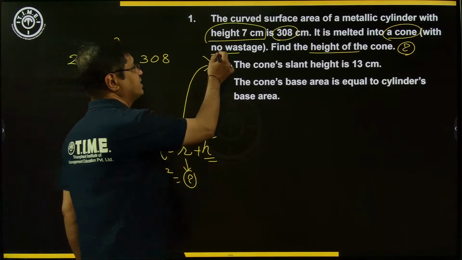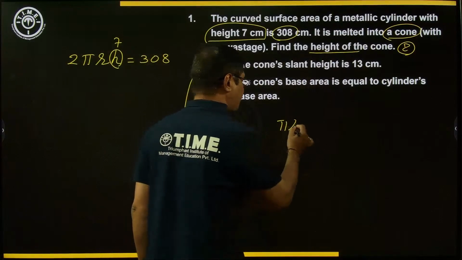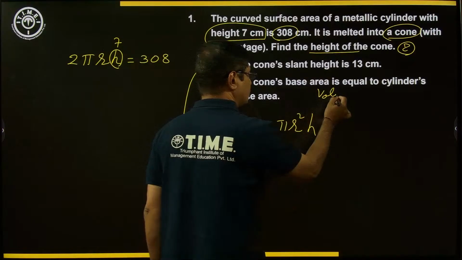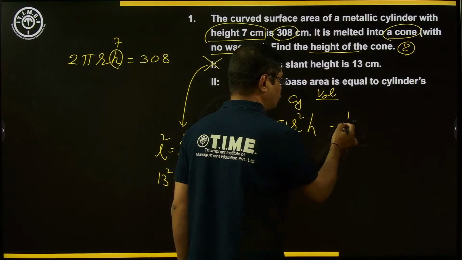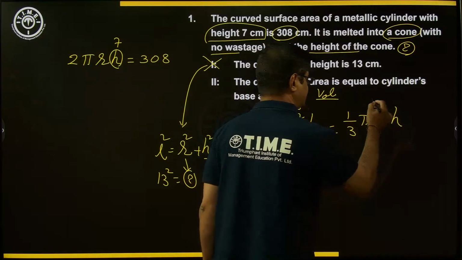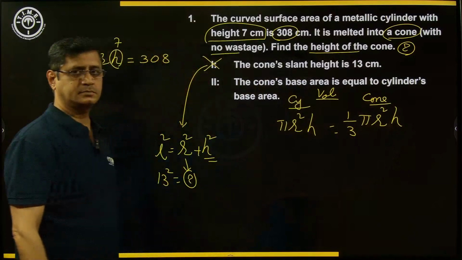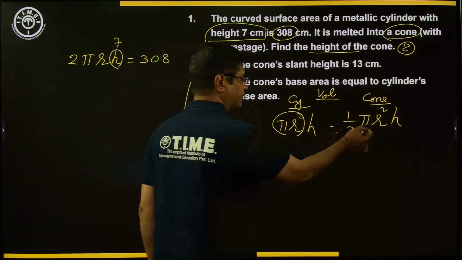Now no wastage in making the cone means the volume is the same. Pi r square h is the volume of a cylinder, and the volume of a cone is 1/3 pi r square h. Now the base area pi r square value is the same here.